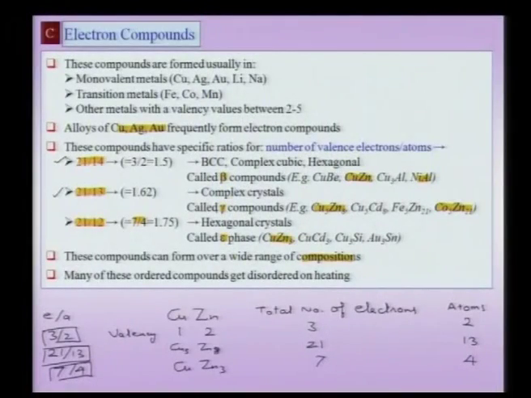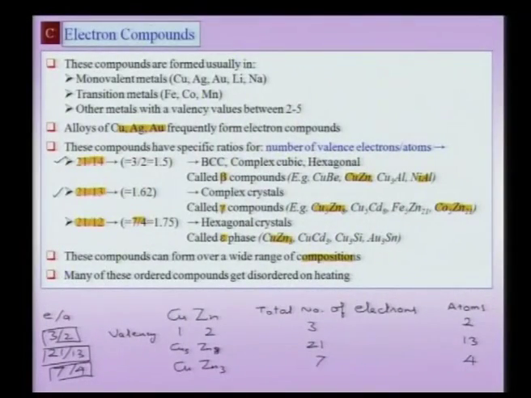So just to summarize this slide, which is highlighting a very important class of compounds, the electron compounds, in some contexts wherever the E by A ratio is the mechanism responsible for stabilization of the crystal structure, sometimes these are referred to also as Hume-Rothery compounds.